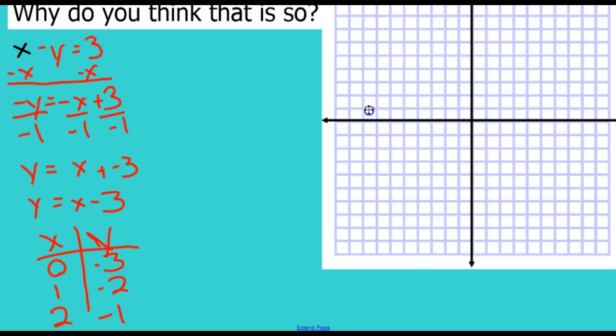So our first line has the points 0, negative 3, 1, negative 2, and 2, negative 1. So if I make that line, it'll look like that.